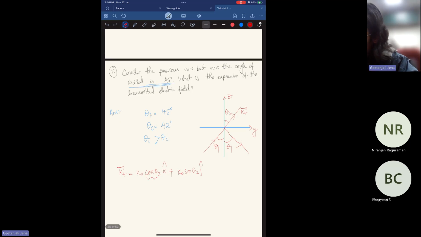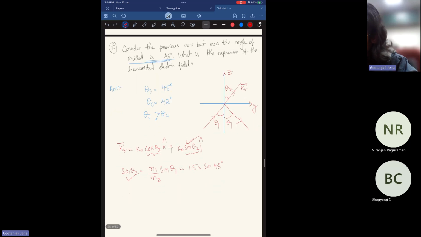And for cos theta 2, sin theta 2 will be n1 by n2 from Snell's law, sin theta 1, and n1 is 1.5, and sin theta 1 is sin 45. This is sin theta 2, so you already know sin theta 2 here. Now cos theta 2 is nothing but root over 1 minus sine square theta 2.